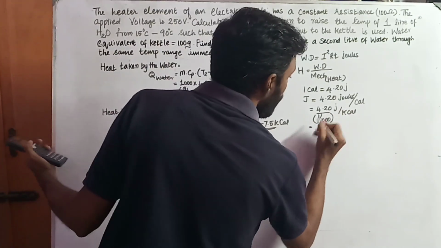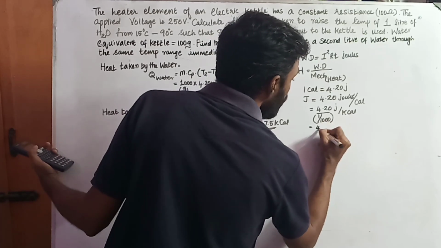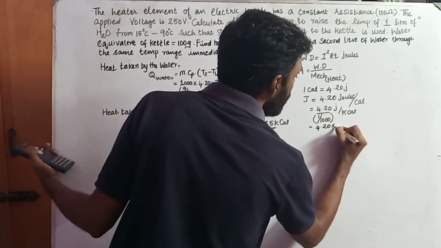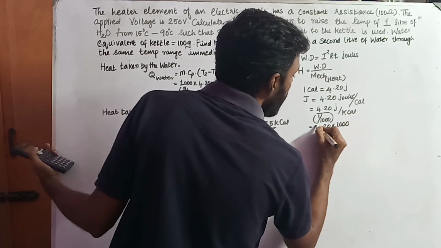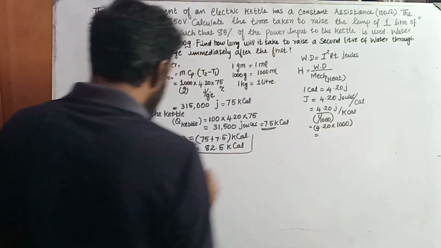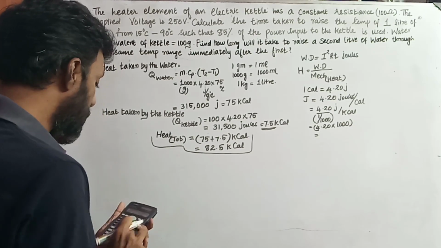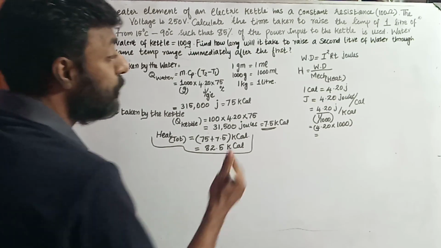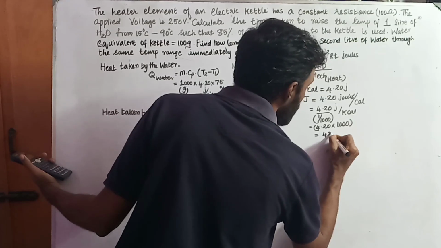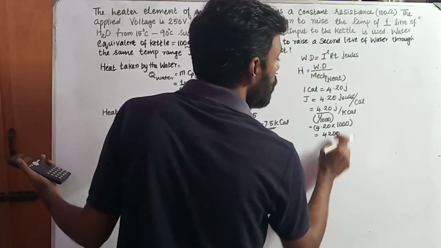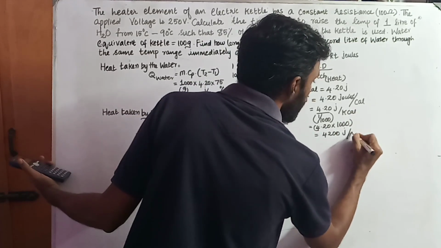So this will be 4.20 into 1000, which will be 4200 joules per kilocalorie.